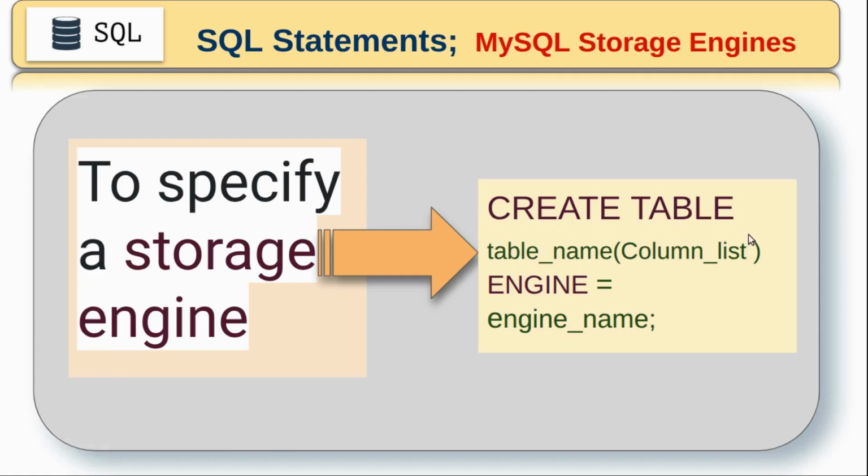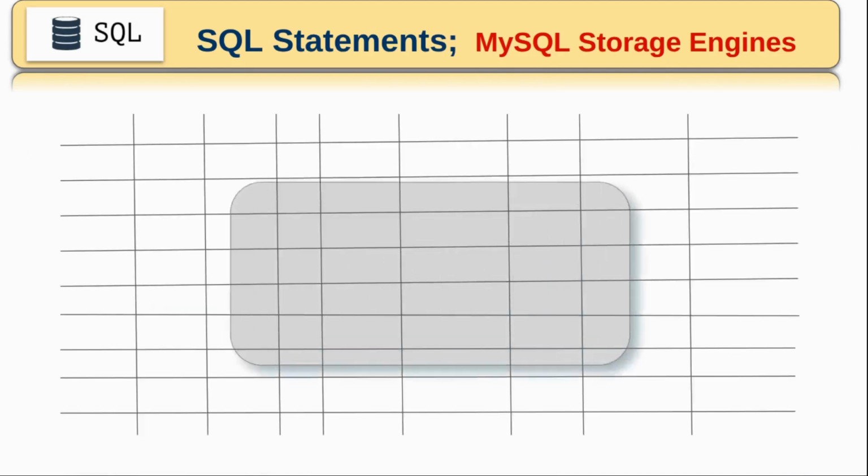This query is given when you create a new table within the database: create table, then the table name, inside the brackets the column list, and then ENGINE equal to the engine name, right? By typing this query you can use a specific storage engine.